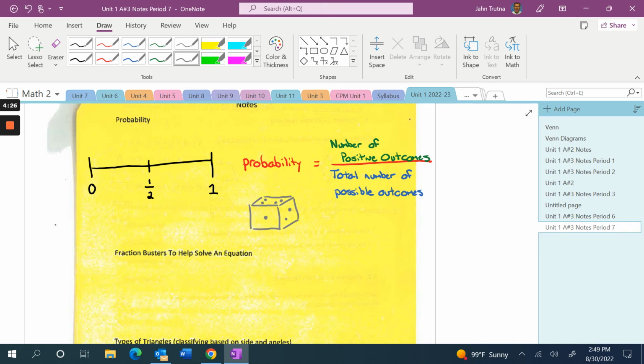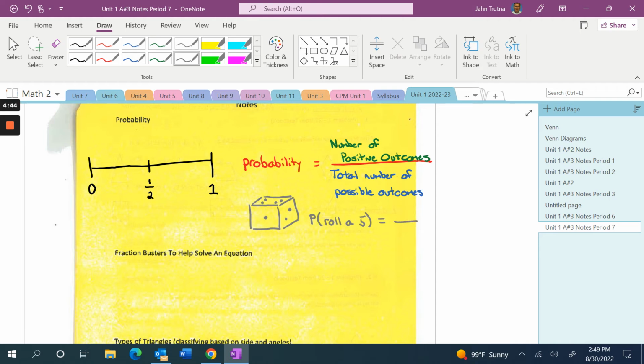Okay, so that's a die. And I'm going to roll it. And I ask you, what is the probability I'm going to roll a 5? Okay?